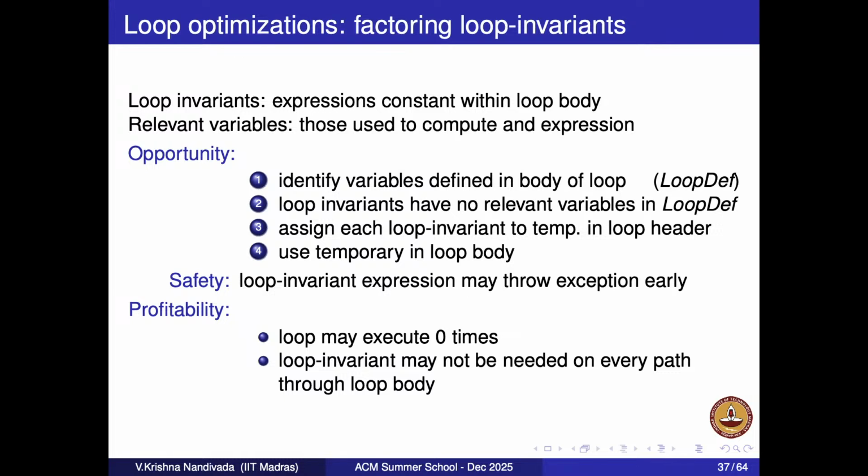There is a minor catch here. When we say safety, let's say I have a loop like this: for i equal to 1 to n, I have z equal to 0 by 0.